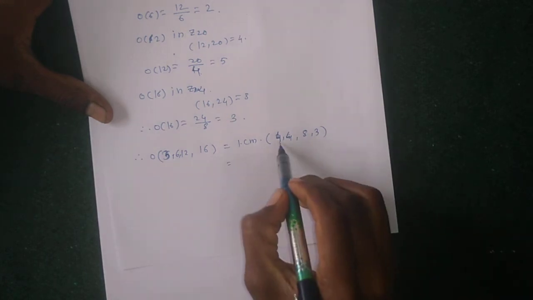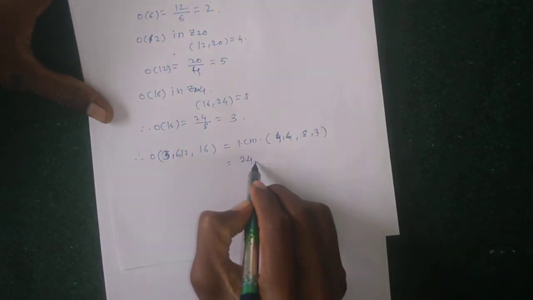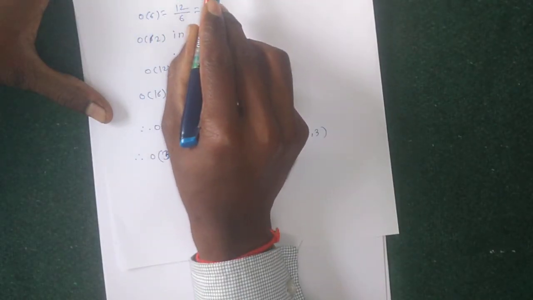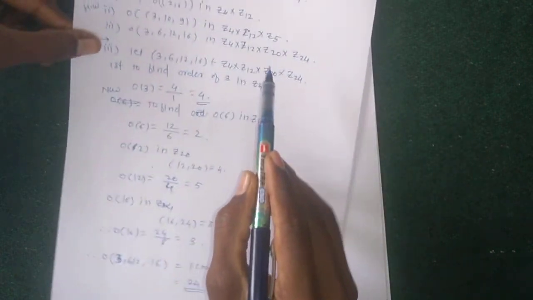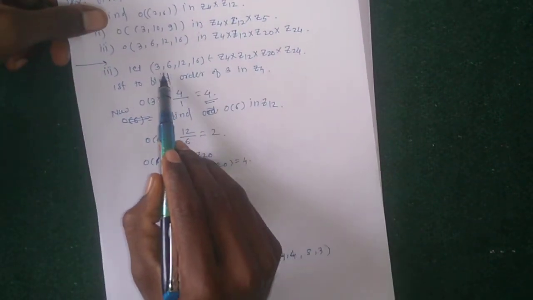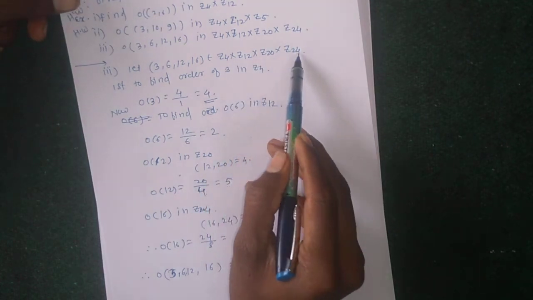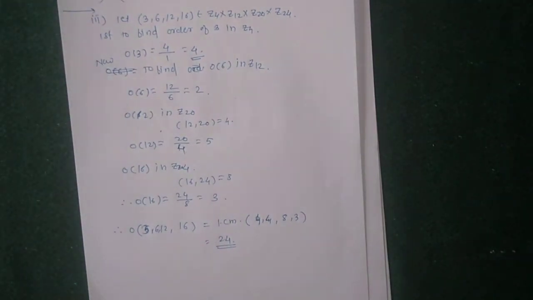Okay, LCM of 4, 8, 3 is 24. Therefore the order of the element (3, 6, 12, 16) in Z4 cross Z12 cross Z20 cross Z24 is 24. Okay, using all these results, we can find their order.